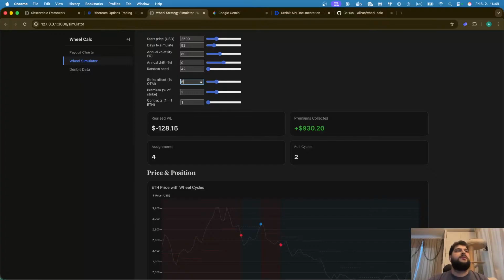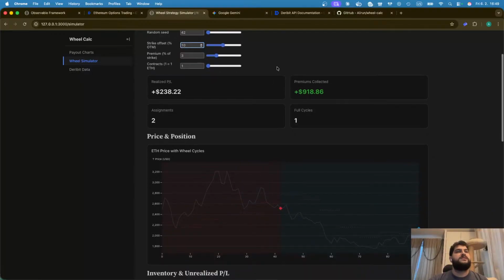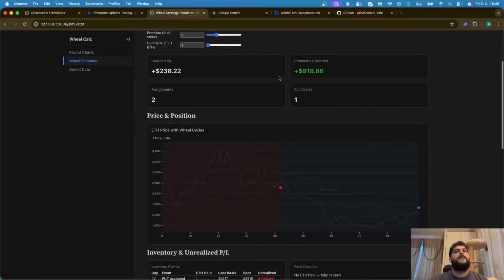You can see immediately, 6% already gives 2 times less PNL losses, but really not that big a difference in terms of premiums. Okay, premium goes with strike price, so it's just going the same way. And if you do 7%, 8%, or even 10%, you can see it's already way far.